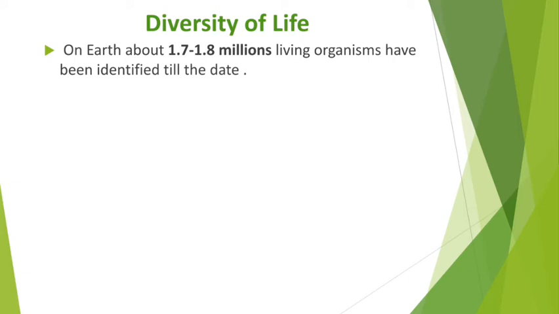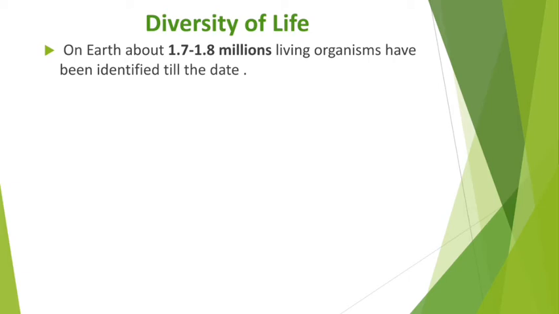If you are interested in living organisms, you may study them. There are many millions more on earth which remain unidentified. If you identify them, the number will be added to this number.